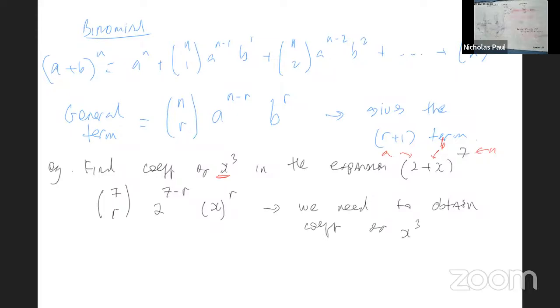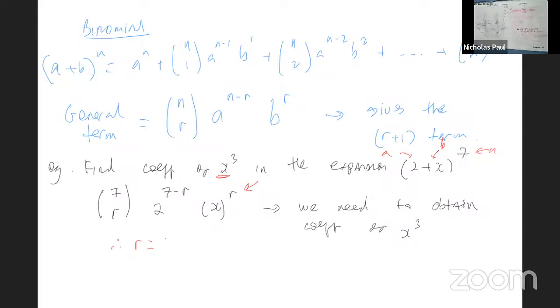So if you look at it, what value R has to be here to get x cubed? What value R has to be there?